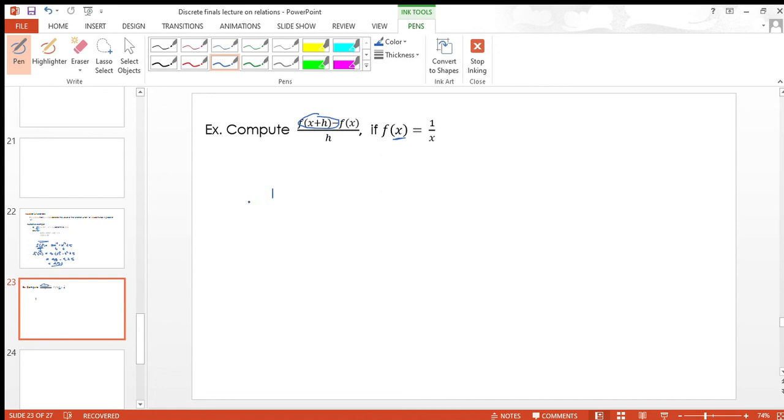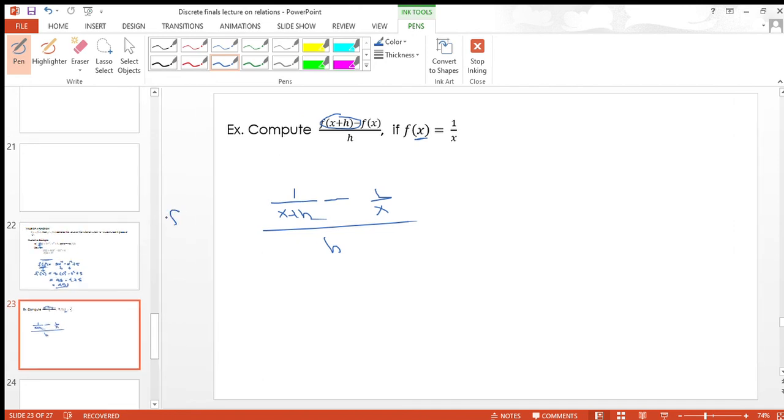So that part will be 1 all over changing x by x plus h, minus f of x is 1 over x, all over h. So this is now our f of x plus h minus f of x all over h.